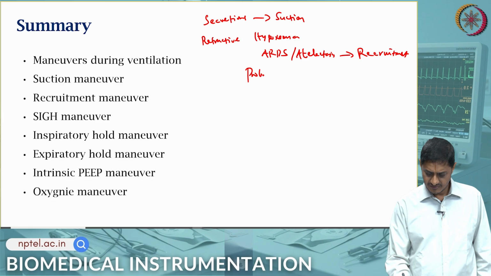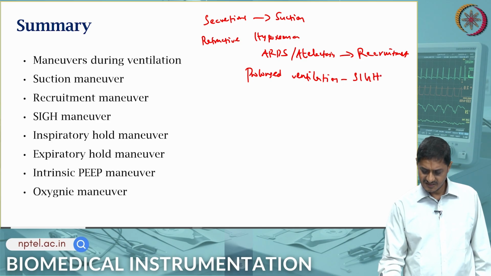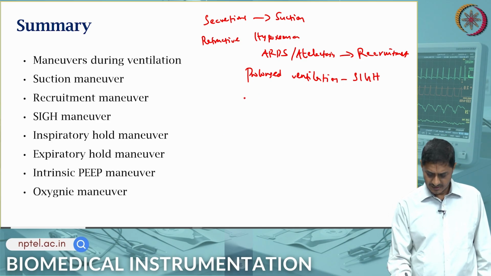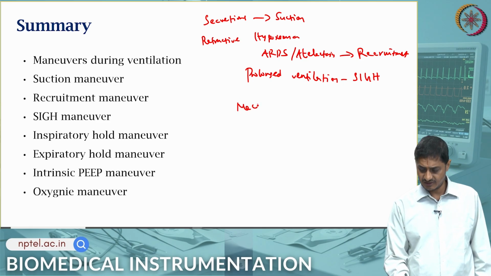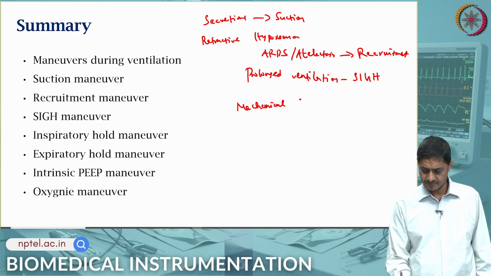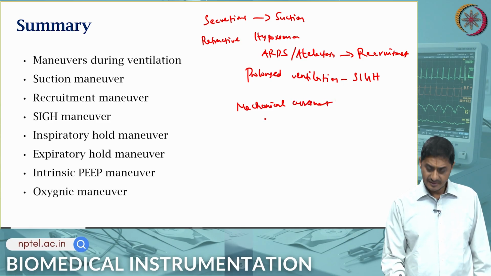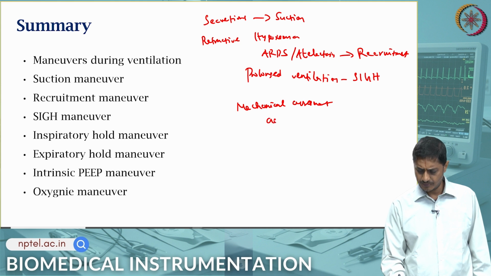If the patient is on prolonged ventilation, perform the sigh maneuver. And if you want to have an idea of mechanical assessment of lung function, in that case, inspiratory hold or auto PEEP are some of the PEEP maneuvers.